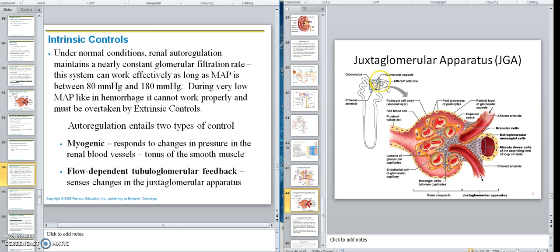The tubes, which would be what? The distal convoluted tubule, way down the road, is feeding back on the glomerular area for the afferent and efferent arterioles. That's that tubuloglomerular feedback. So myogenic is the juxtaglomerular cells in the afferent arteriole, and the flow-dependent tubuloglomerular feedback has to do with the macula densa.